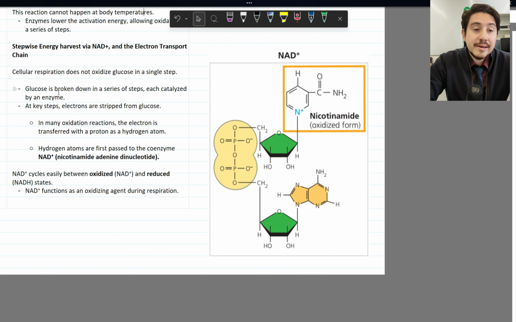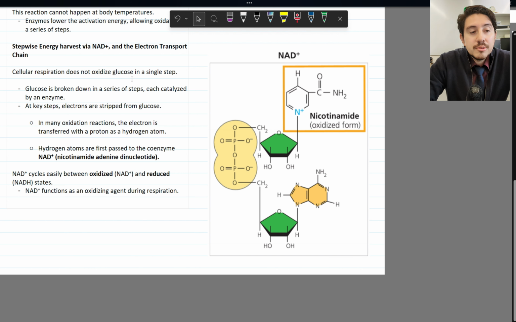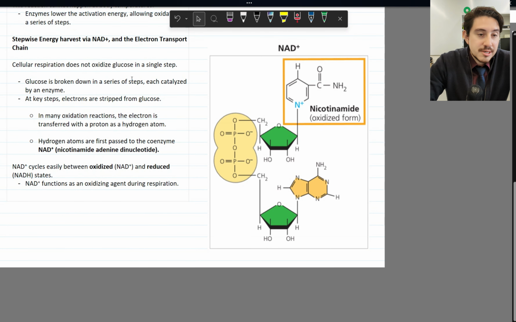And one of the major players to harvest that energy for ATP synthesis is NAD plus, okay, within the electron transport chain. Okay, so cellular respiration does not oxidize glucose in a single step, as I mentioned before.